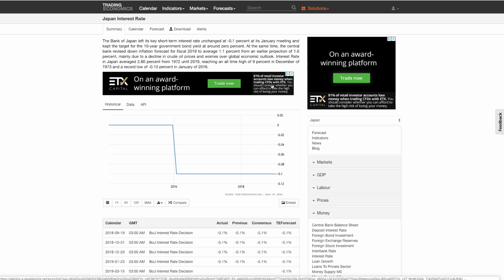Plus, you've got something called risk sentiment, and risk sentiment is when you've got safe haven plays. Financial institutions will look to put their money into safe haven assets like gold, and the Japanese yen is considered a safe haven currency.